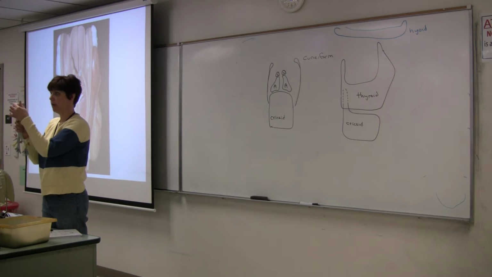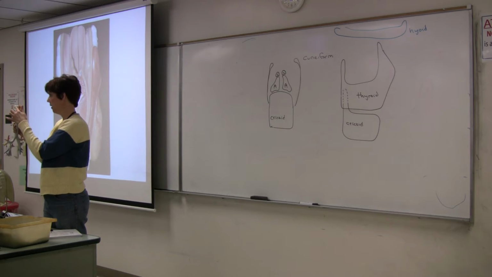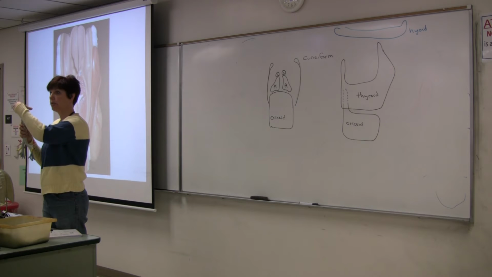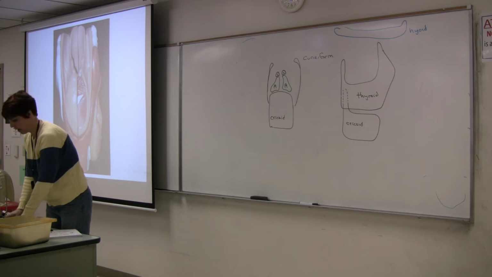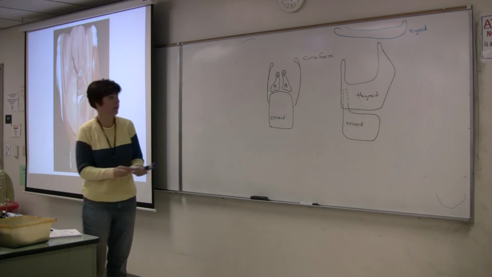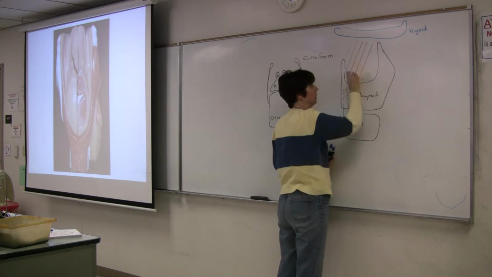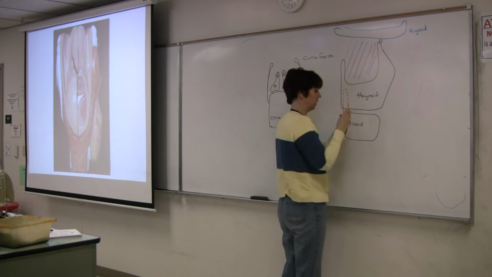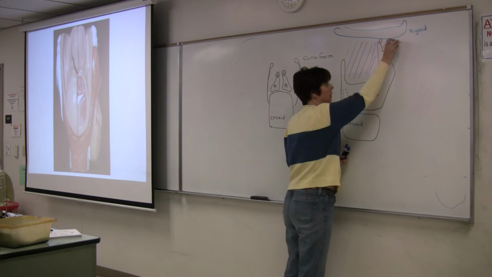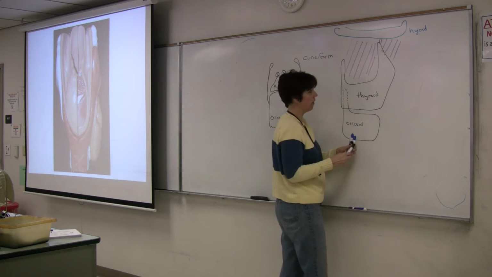So here's the hyoid bone, and here's the ligament connected to them. So muscles that pull the hyoid up when you swallow will pull the larynx up as well. All right, that helps to pull the epiglottis down. So we have the thyrohyoid ligament.